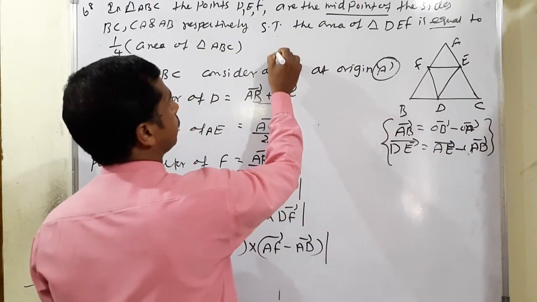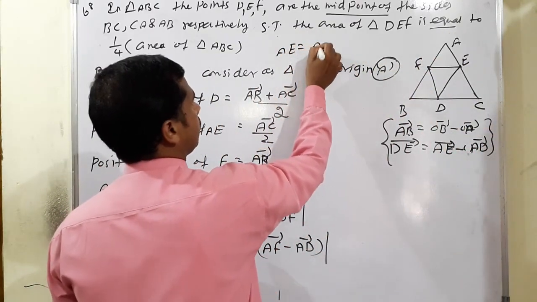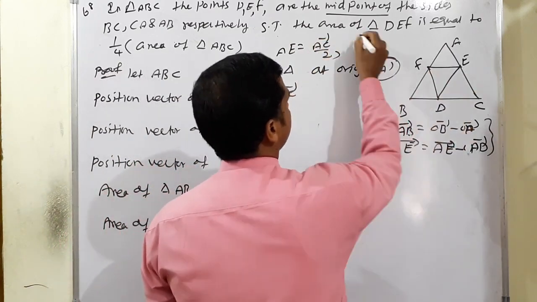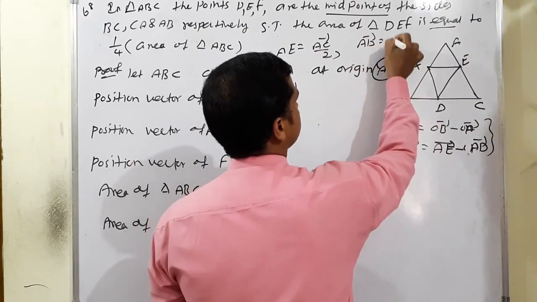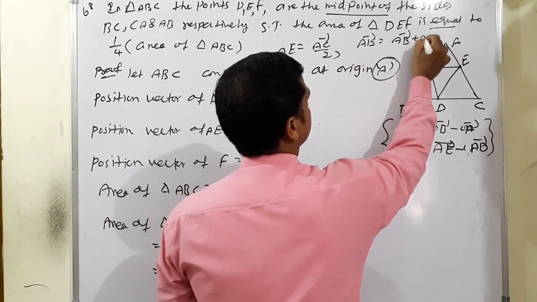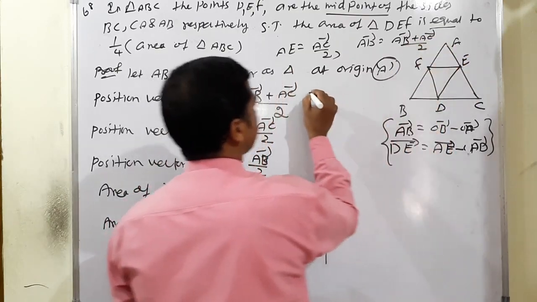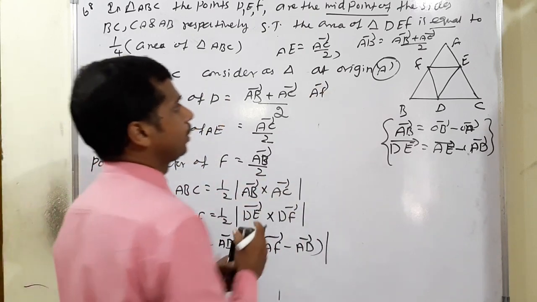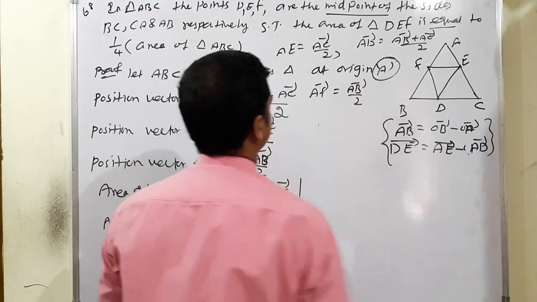I will write it here. What is the meaning of AE? AE means AC vector divided by 2. Then what is the meaning of AD? AD vector is equal to AB vector plus AC vector divided by 2. Last condition, AF also is there. Now AF is equal to AB vector by 2.